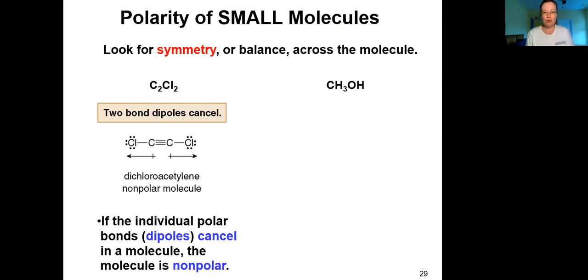If the individual polar bonds, these dipoles, cancel out in a molecule, the molecule is nonpolar. Even though this molecule has two polar bonds, the ones between the chlorine and carbon atoms, it's still a nonpolar molecule because of its symmetry.